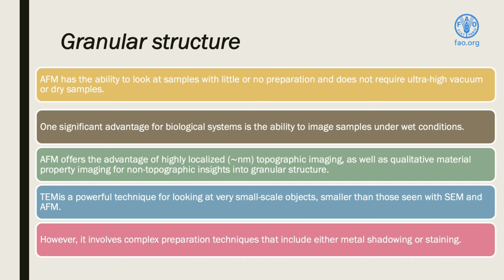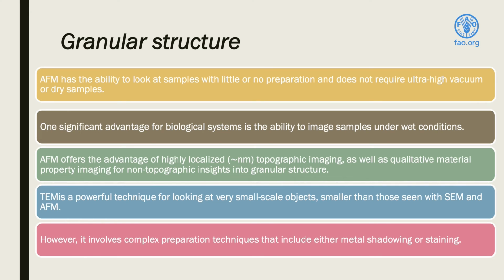One significant advantage for biological systems is the ability to image samples under wet conditions. In the case of SEM and TEM, the sample must be dried before observation, but in the case of AFM, we can observe the surface under wet conditions. AFM offers the advantage of highly localized topographic images as well as qualitative material property imaging for non-topographic insight into granular structure.